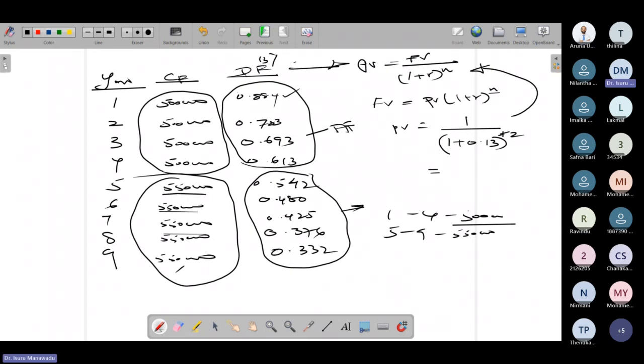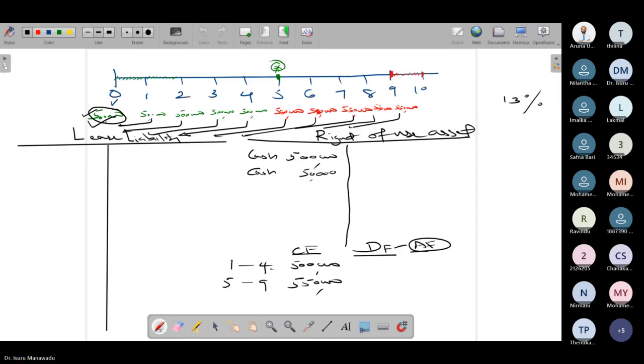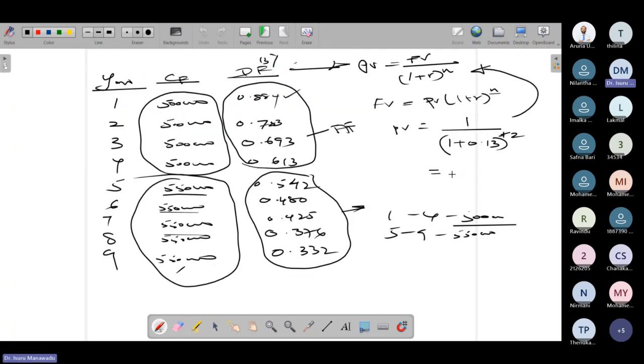But in this case, as there are 2 different cash flows, you need to calculate like this. Did you understand up to that point? Why have I written it like this? Now calculate and see the annuity factor. What's the total annuity factor for the first 4 years? Can you please tell me?